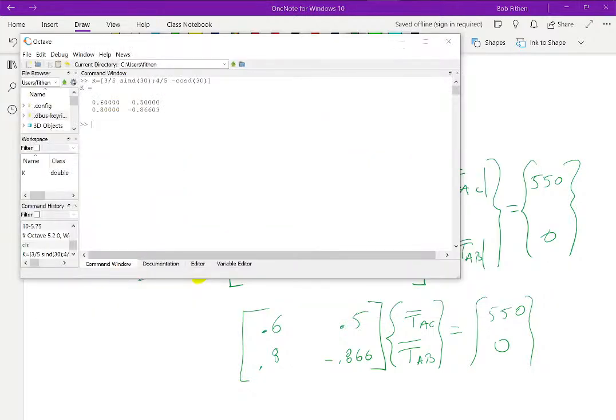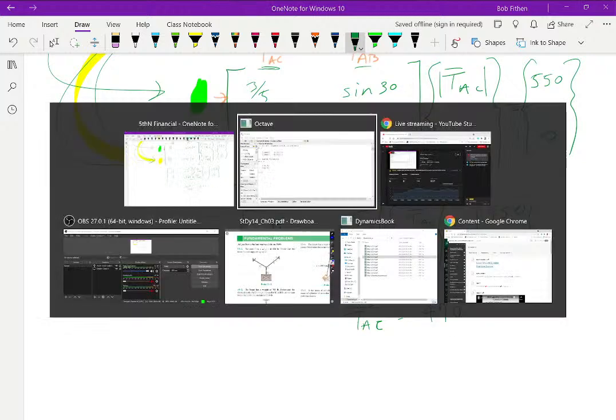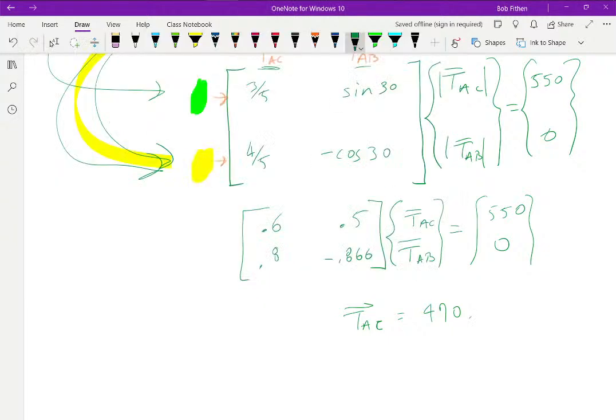I should be able to now take the inverse of my matrix K, multiply it times another matrix, which will have 550 in the top, nothing in the bottom, and I get my answers. 470.86 for TAC and TAB.